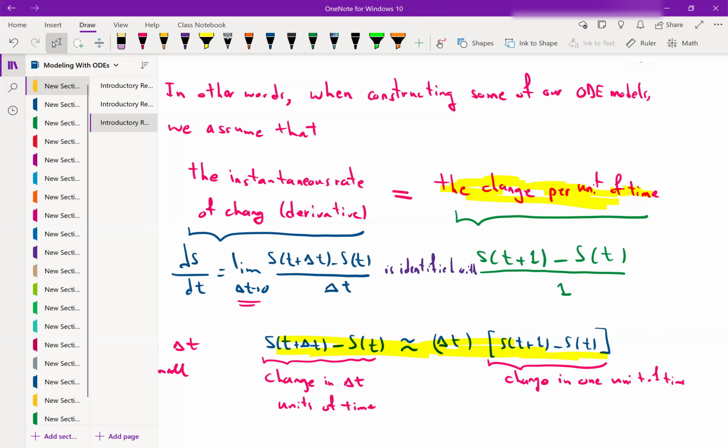And as a matter of fact, many times the way we think about the change in our function, at least for delta t small, is that the change in the interval between t and t plus delta t is delta t times the change in 1 unit when t goes from t to t plus 1, as you see in the formula that we have here.